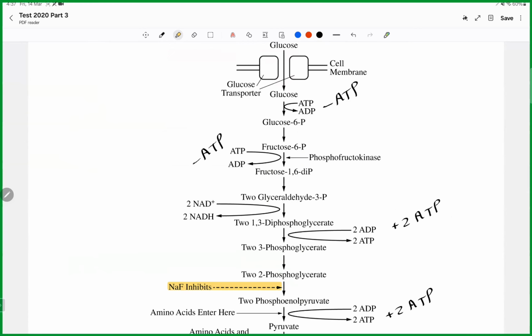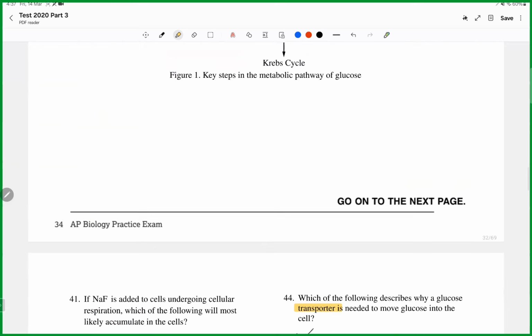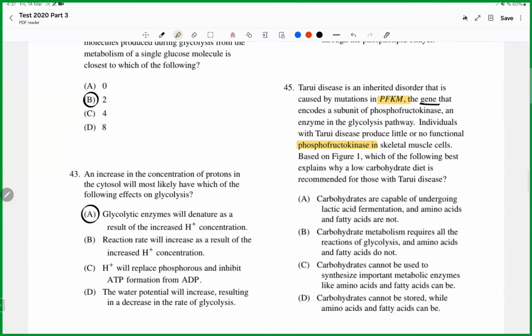Which best explains why a low carbohydrate diet is recommended? I mean, they can't even break down glucose, right? So that's why they must only have a low carbohydrate diet, obviously. So B, right?